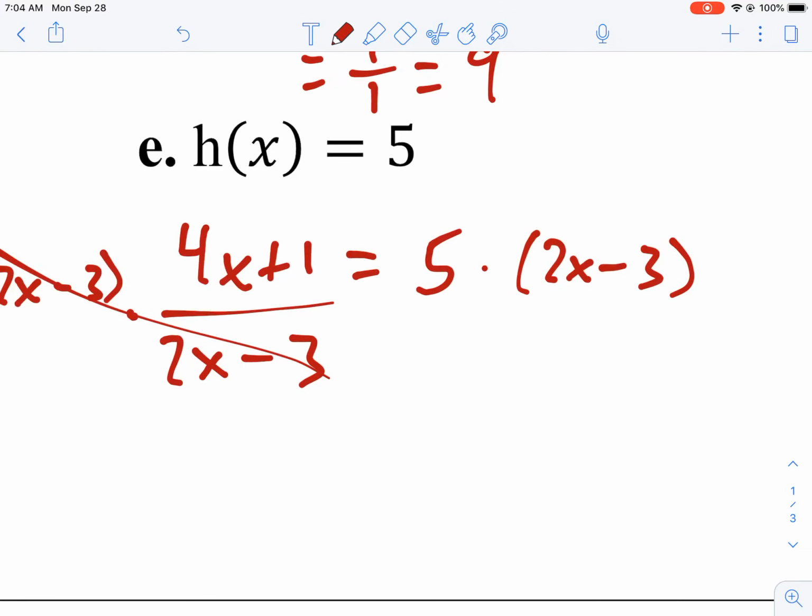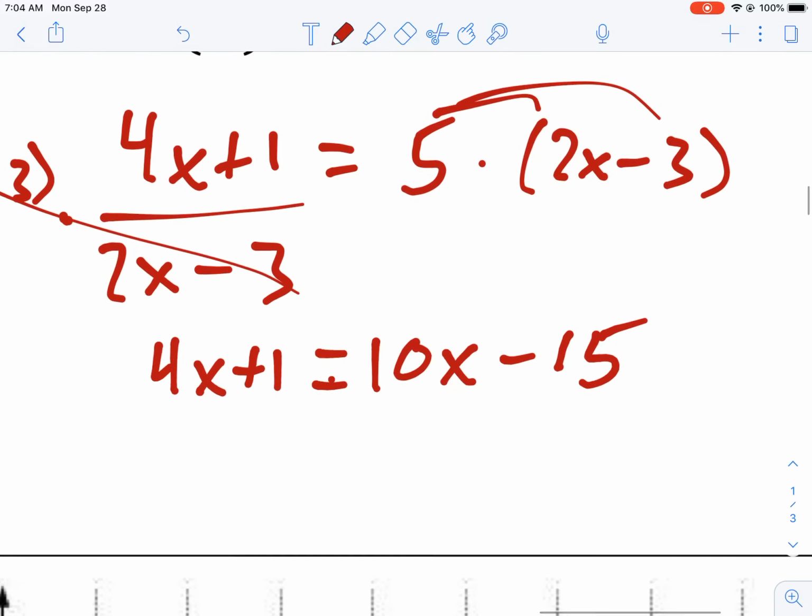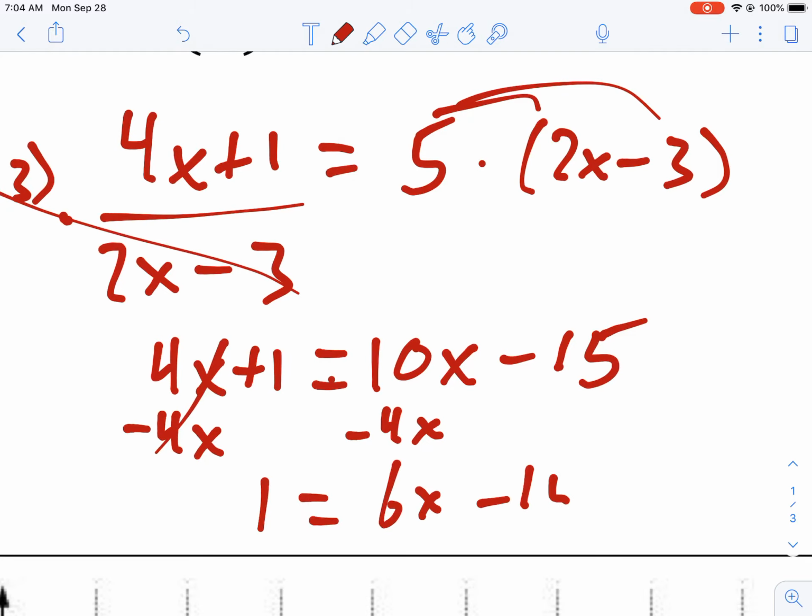So those will cancel out. So we've got 4x plus 1. Distribute here. That gives us 10x minus 15. We get the x's on the same side, so we'll subtract 4x on both sides. 1 equals 6x minus 15.